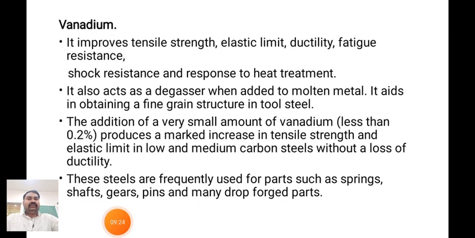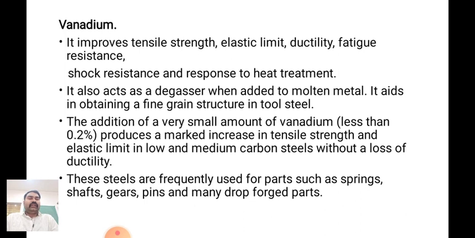Then next is vanadium. It improves the tensile strength, elastic limit, ductility, fatigue resistance. These are the different properties achieved by the addition of vanadium in steel, as well as shock resistance and response to heat treatment. Okay, it also acts as a degasser when added to molten metal.